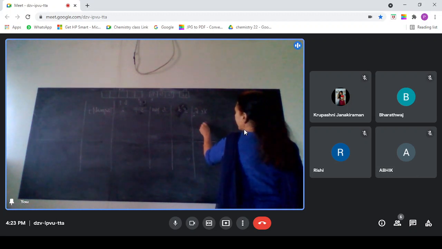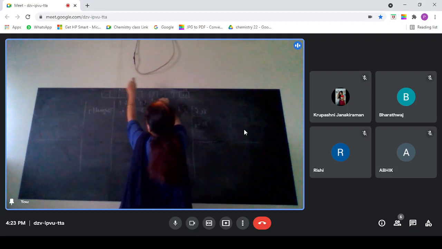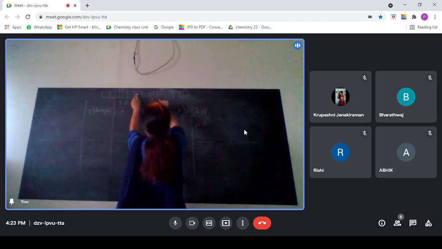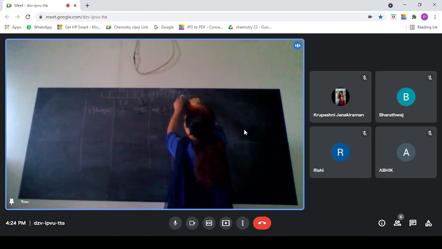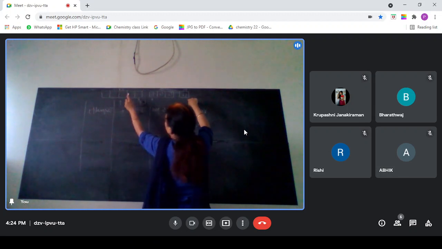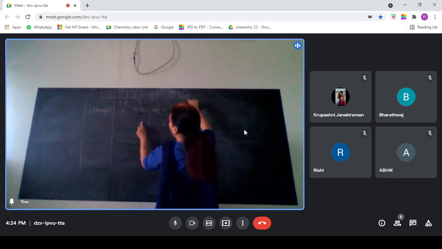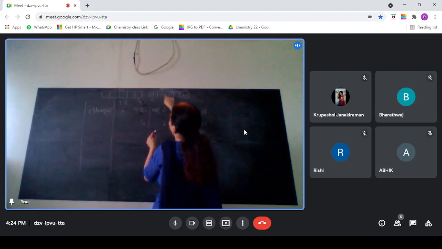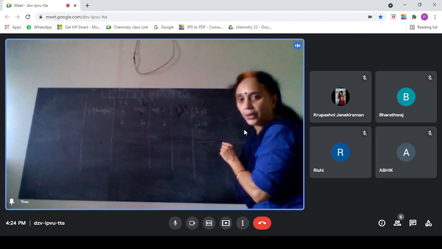Now, XeF4. Now what happens? One more electron jumps here. One electron already here. One more jumps here. So, it will have totally 1, 2, 3, 4, 5, 6 pairs of electrons. Out of 6, 2 lone pairs and 4 bond pairs.